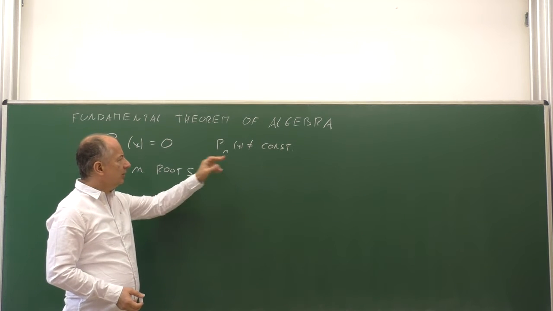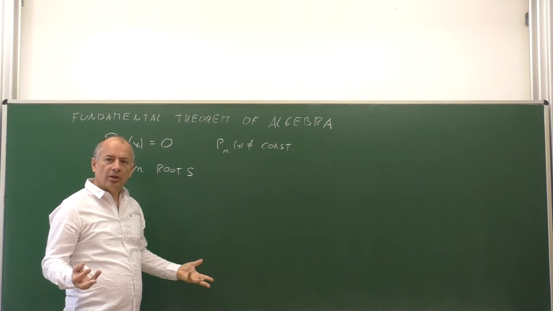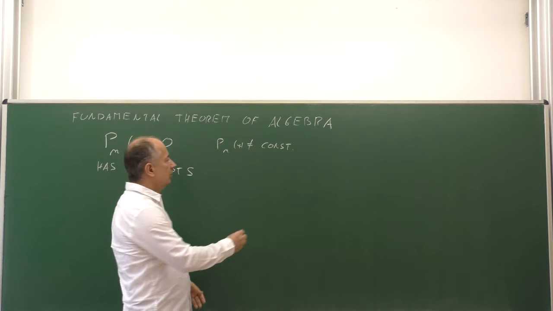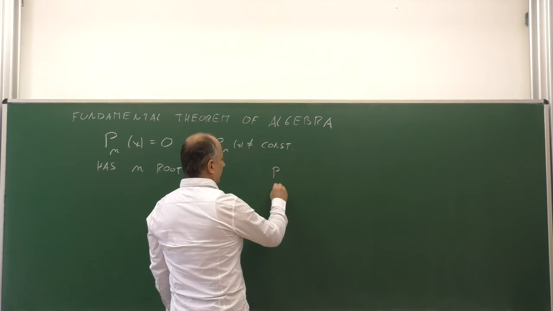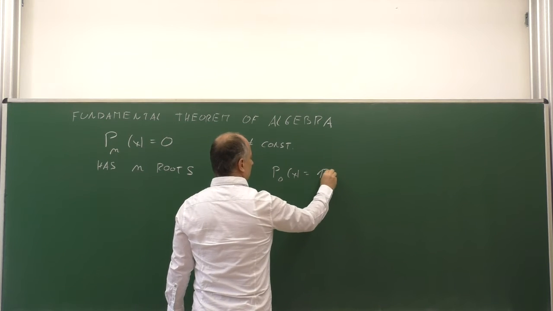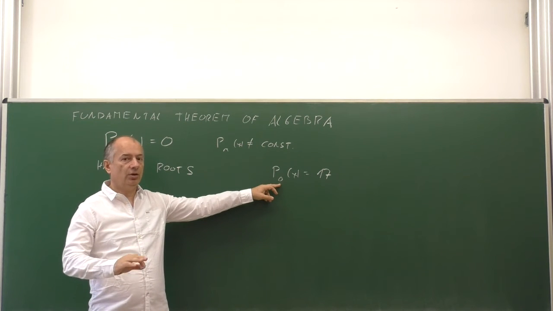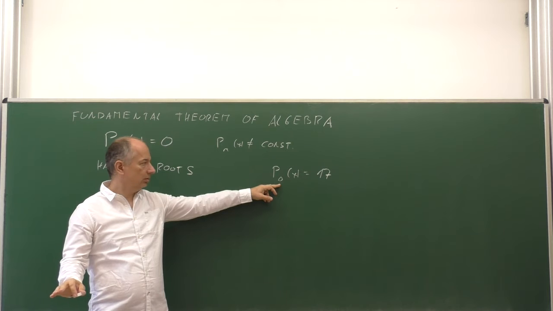Perhaps one small remark: what does it mean, non-constant? What's the opposite? What's a constant polynomial? A constant polynomial is a zero-order polynomial that may be either a non-zero value, then it has no roots.